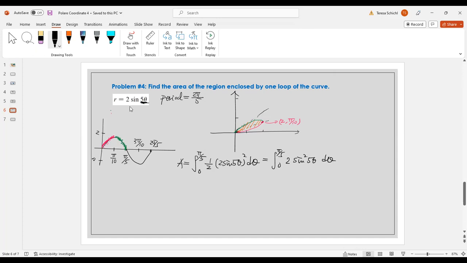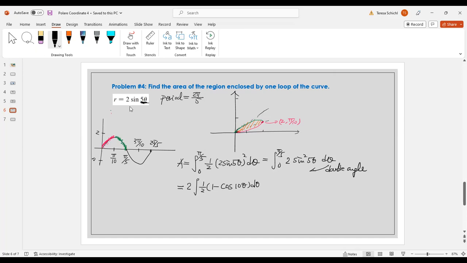Every time you see the square, what formula am I using? I'm using the double angle formula. So this is 1/2, so this is 1 minus cosine of how many theta? 10 theta, d theta. So from here to here, we use a double angle again.